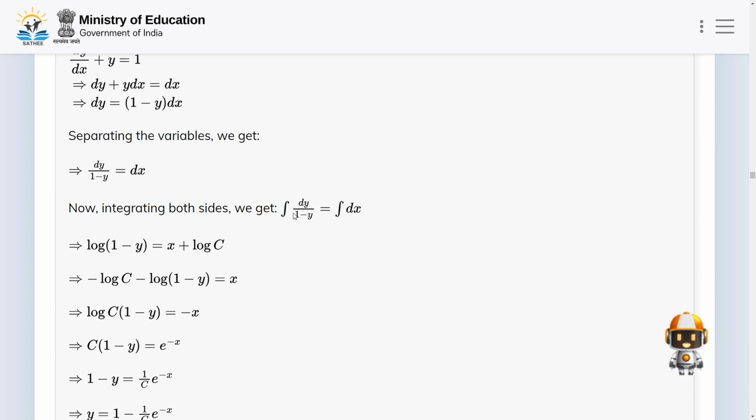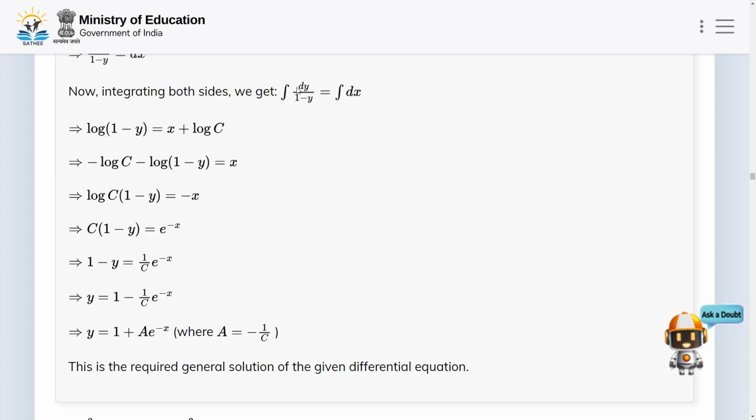This means integrate it. You will have minus log of 1 minus y. Clear? Minus log of 1 minus y. Here it must be minus. And this will be just x plus some constant.